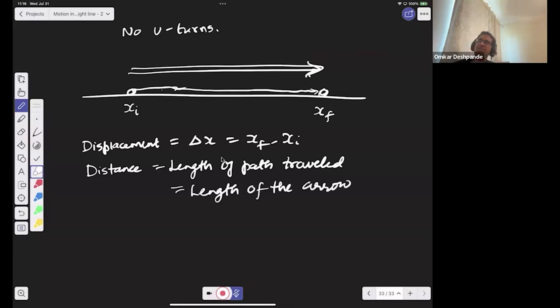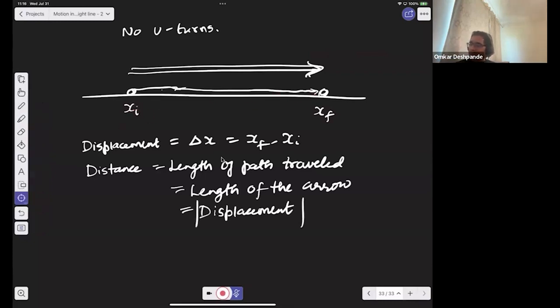Because I never turned around, so I could never exceed the length of that arrow. So it's the same as the displacement, at least the magnitude of the displacement. If the particle was moving in the opposite direction, the displacement would have had a negative sign, but the distance would have still been the same.